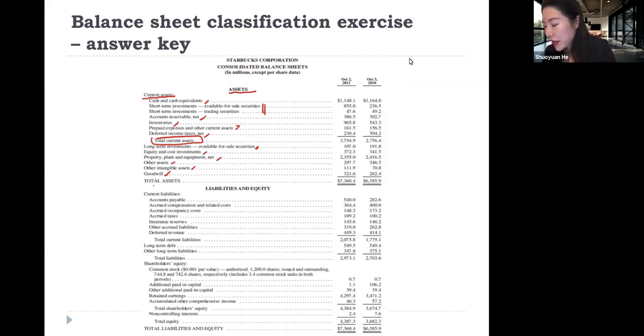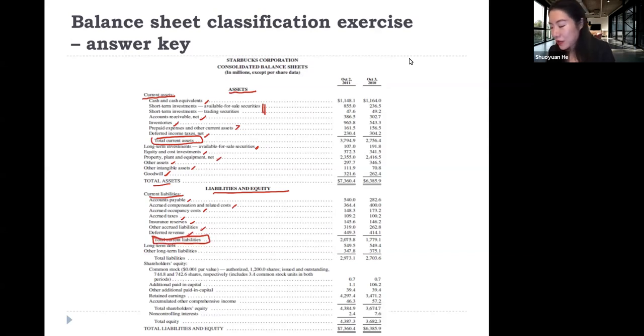And then after we finish the asset, then liabilities and equity. On the right-hand side of our balance sheet, we begin with the current liability, including account payable, and then accrued compensation and related costs, accrued occupancy costs, accrued tax, insurance reserves, other accrued liabilities, deferred revenue. Those are usually current liabilities.